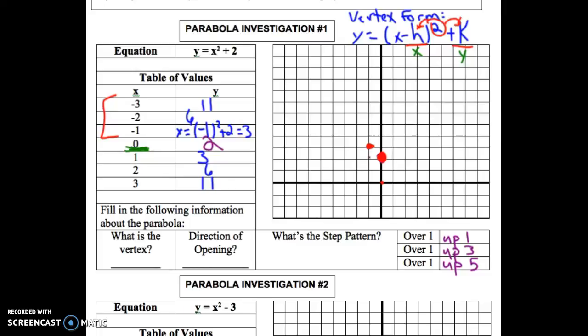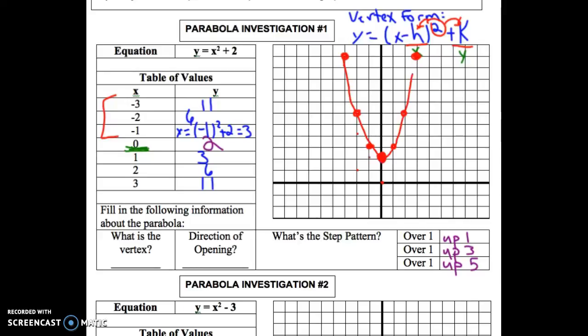Now, over 2, up 6. 1, 2, 3, 4, 5, 6. And then over 3, 1, 2, 3, 4, 5, 6, 7, 8, 9, 10, 11. And same thing over here. So over 1, up 3. Over 2, up 6. Over 3, up 11. And there is my parabola.